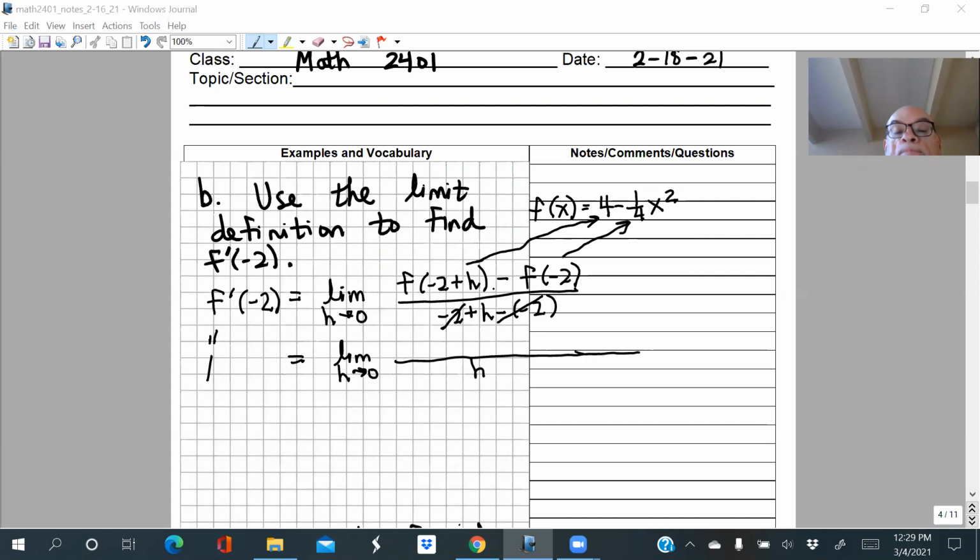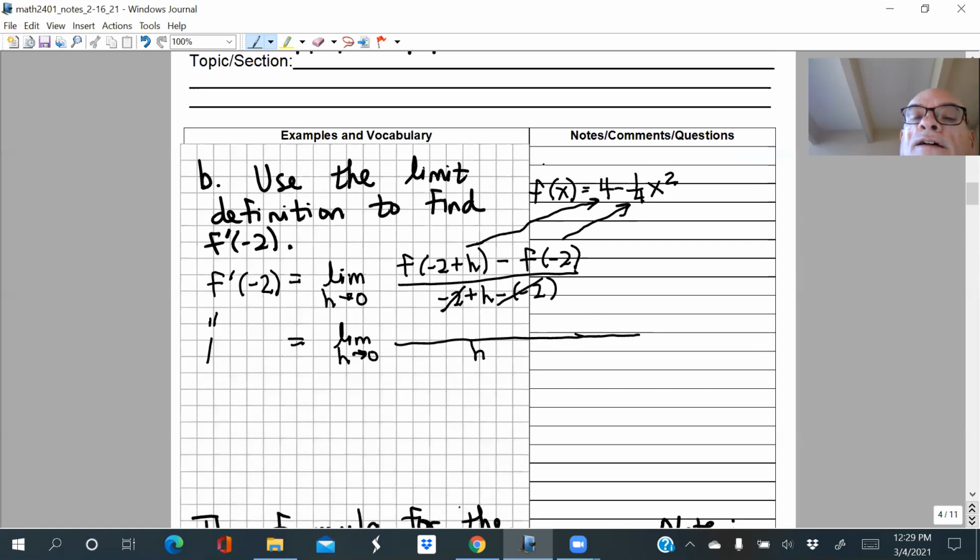The denominator was easy to simplify, that's h, and now we have to calculate f of -2. What are we going to get when we plug -2 into that function? Did somebody calculate that? Did y'all plug -2 in there and compute that?